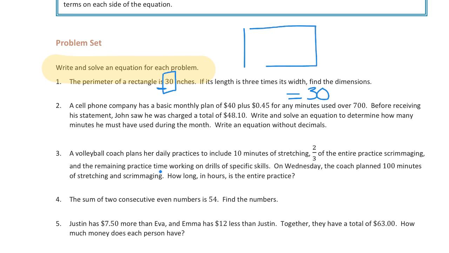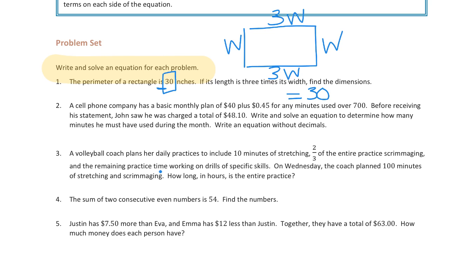So if I draw myself a rectangle, and it says the length is 3 times the width, well, I don't know the width, so I'm going to give it the letter W. You can use any letter you want. If the width is W, the length is 3 times that. So 3W, and this would be W.